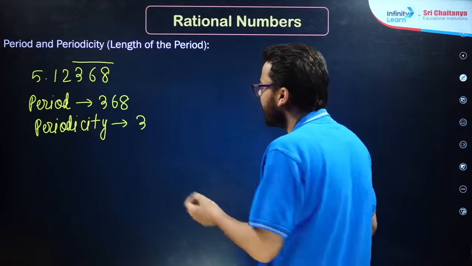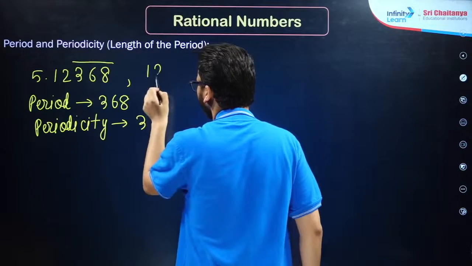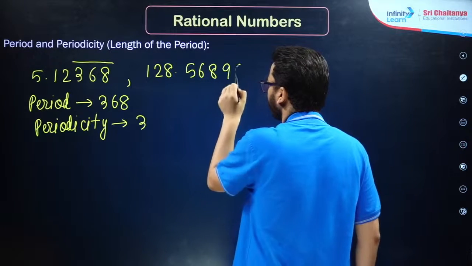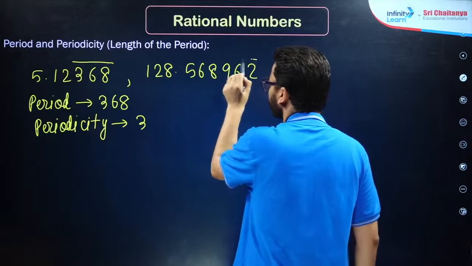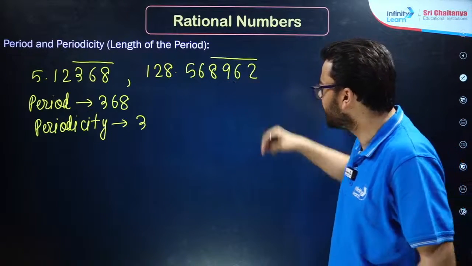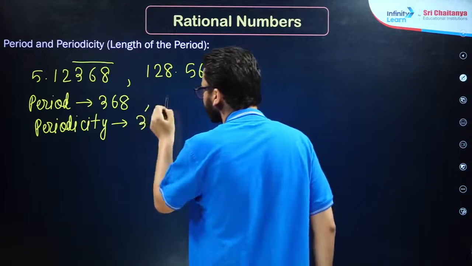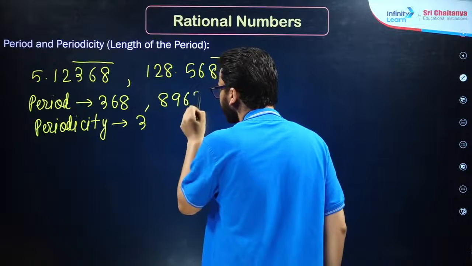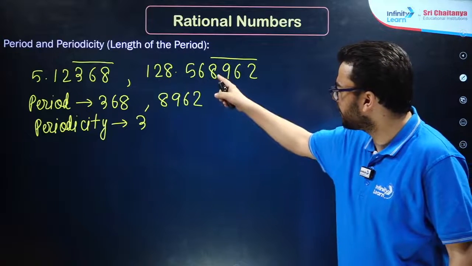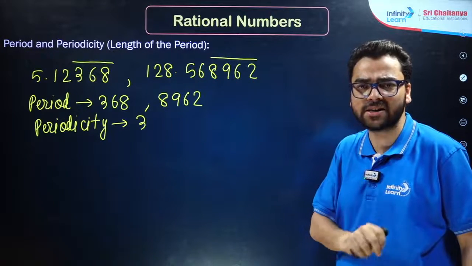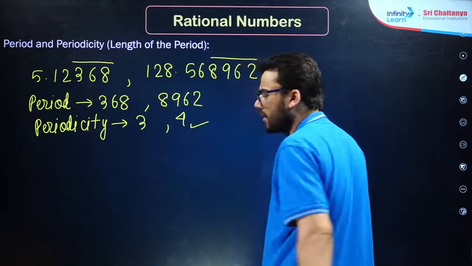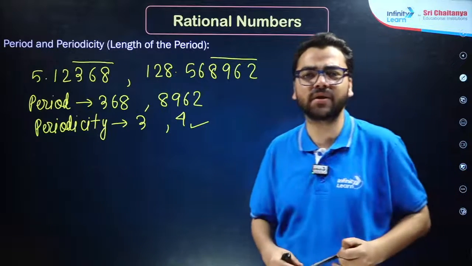Now suppose I'm taking some other example, something like this. So what is the period over here? The number which is repeating, 8962. This is the period over here. And what is the periodicity? The number of digits repeating. 4 digits are repeating. So that is the periodicity or the length of the period. I hope that one is clear to every student in this session.